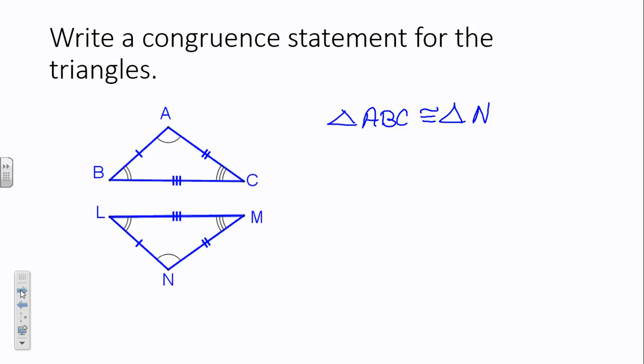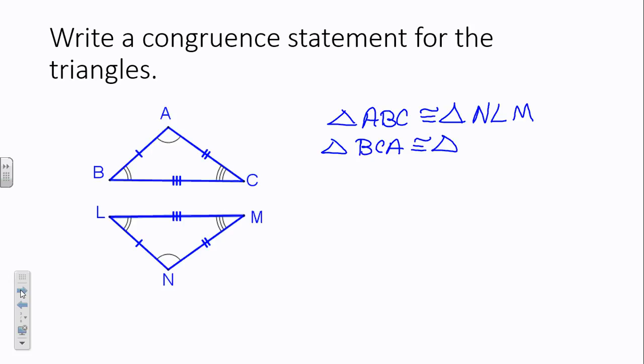Okay, does that make sense? And Chloe, which one is C congruent to? M. Okay. Now, if somebody else had said triangle BCA, we can change the order up, right?